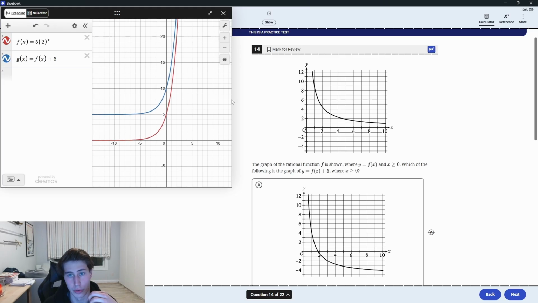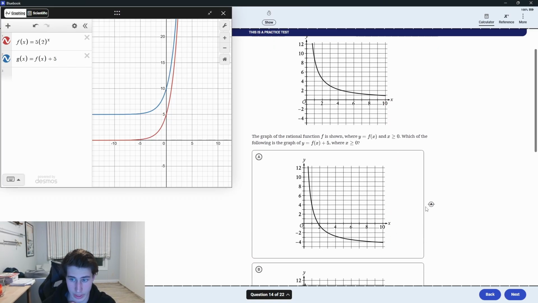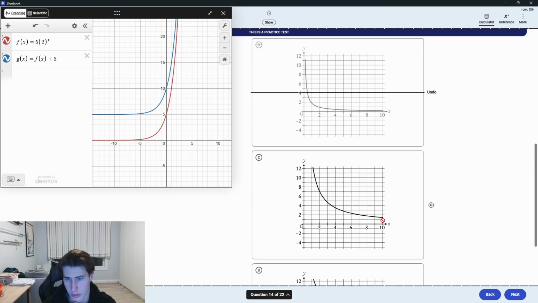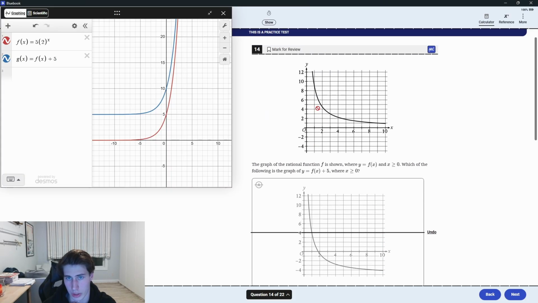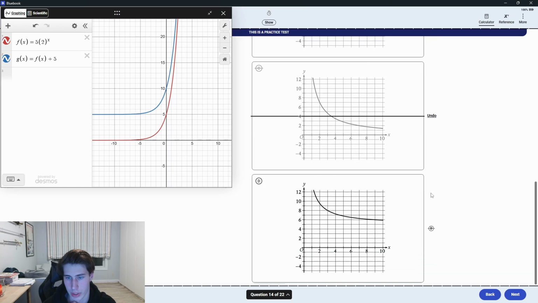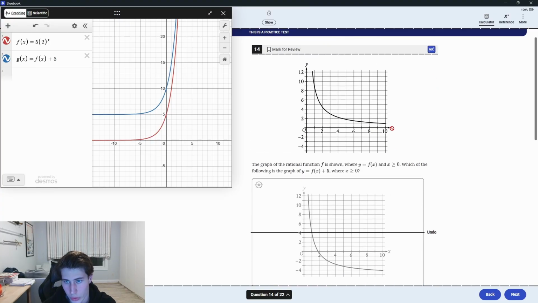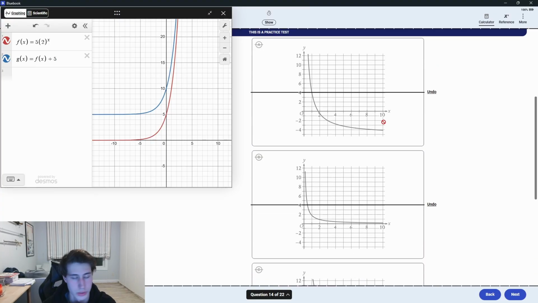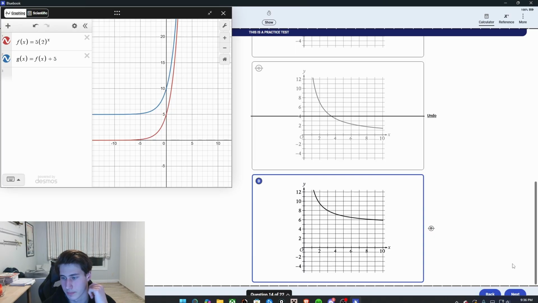So essentially, our new graph that we're looking for is going to be up 5 units from the original graph. So this is down 5 units. This is also down. This is up, but not quite enough to be 5 units. So it can't be this. And look at that. This one is, because it hits 10, 6, and in this one it hits 10, 1, so that's up 5 units. So that's our answer.